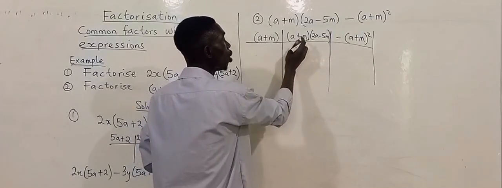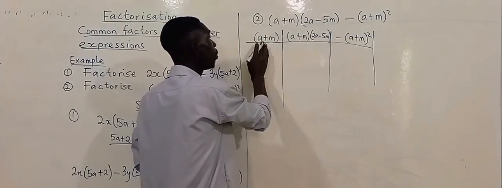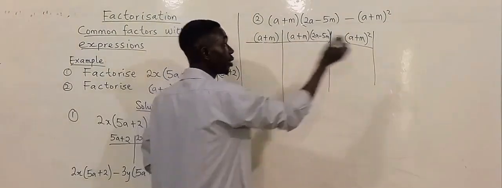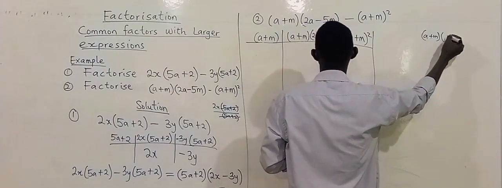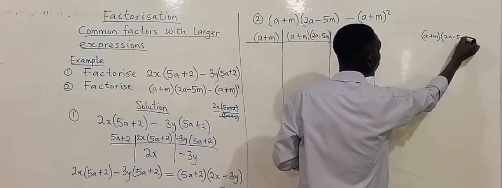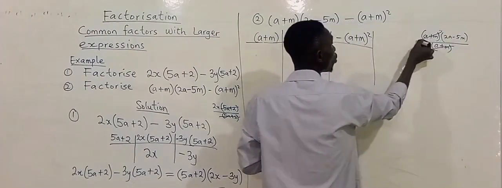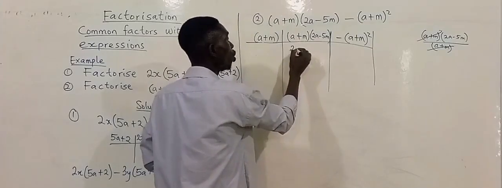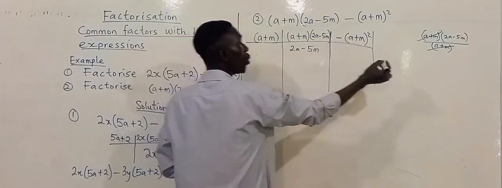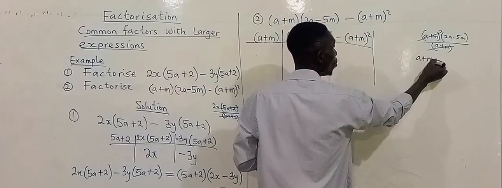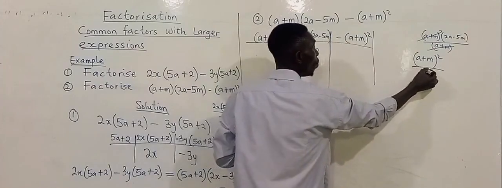So a plus m into 2a minus 5m divided by a plus m, we discover this cancels out with this, and we are left with 2a minus 5m. Also, a plus m all squared divided by a plus m.